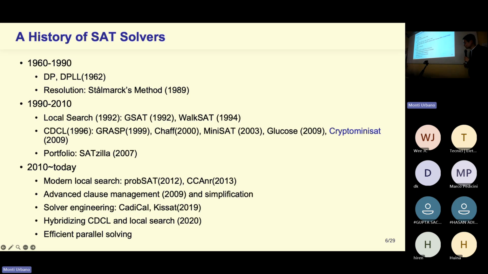And then from 2010 to today, we enter the modern time. We have some modern local search, because previously local search solvers focused on solving random instances, but after 2010, people doing local search considered this not a good idea, and they turned their attention to focus more on structured instances.